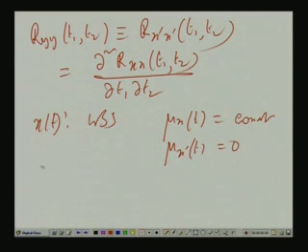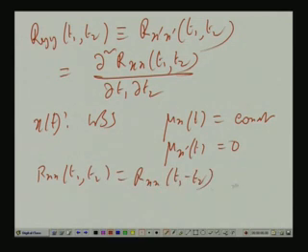Now, here we have R x x (t1, t2) as a function of t1 minus t2, with t1 minus t2 equal to, say, tau. So it is a function of tau. If you take this derivative of R x x (t1 minus t2), where t1 minus t2 is tau, differentiating with respect to t2 first and t1 first, I leave it as an exercise to you.